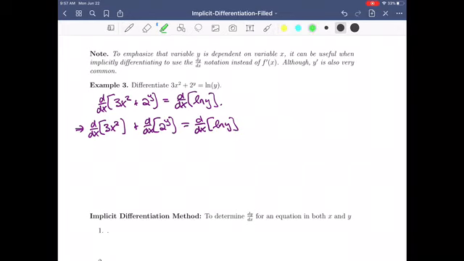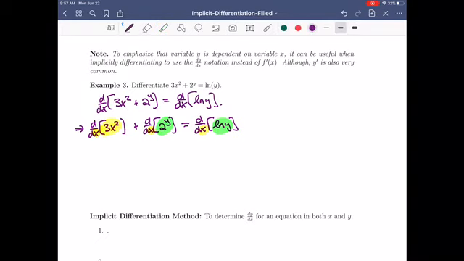Now notice in this first one, I'm differentiating with respect to x, and the expression I'm differentiating has to do with x. In the next one, I'm differentiating with respect to x, but my expression has to deal with y, so they're different. And the same on the other side. I'm differentiating with respect to x, but the thing I'm differentiating is actually a function of y.